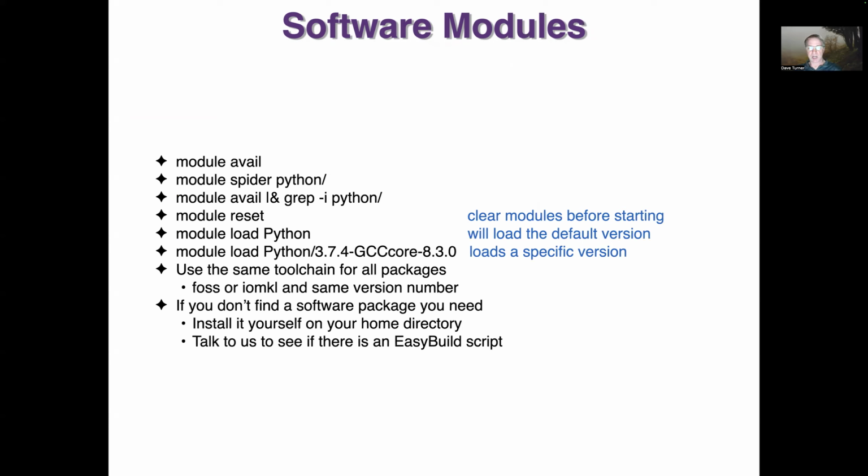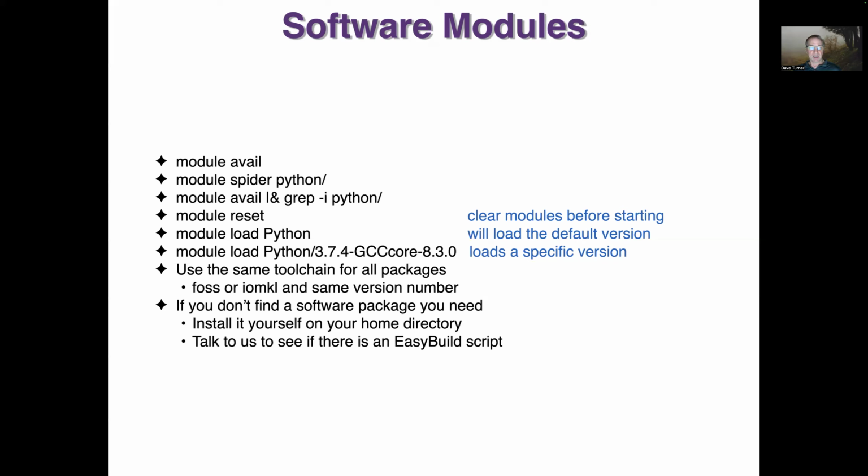A lot of the more common software packages like Python, but also scientific packages, we have already installed so that anyone can just do a module load on that rather than installing it themselves on their home directory. We use an easy build system, so someone has already made recipes for how to build these. I used to have to manually do the installs on my home directory for these, so it's a lot easier now.